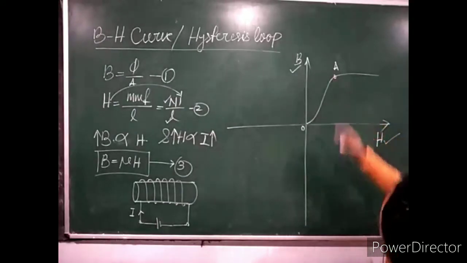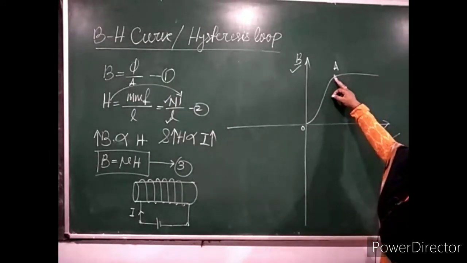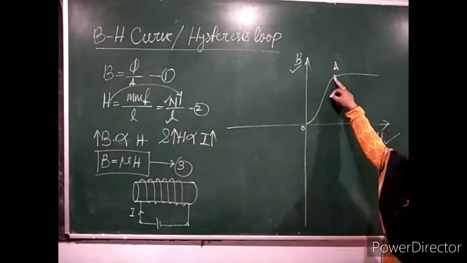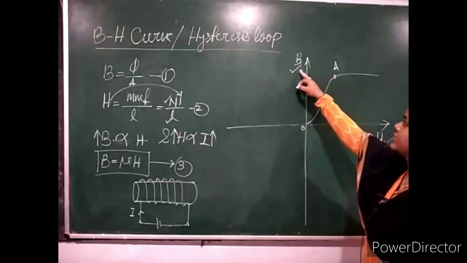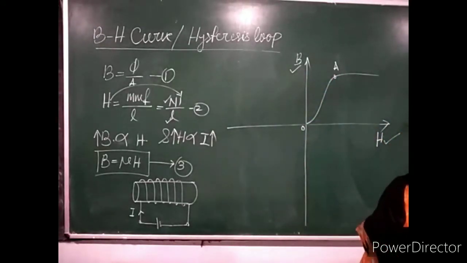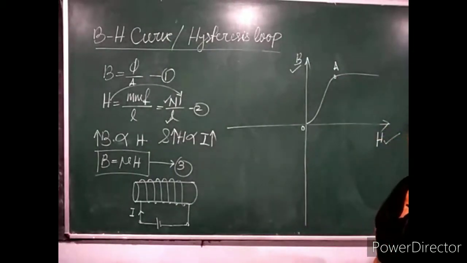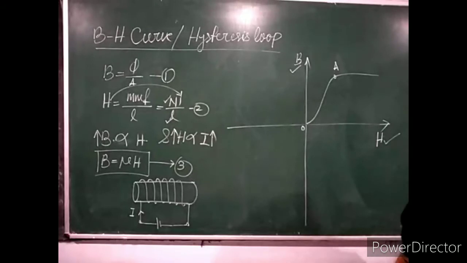After that, it increases rapidly. And up to a point, even though you increase flux intensity, the flux density of the magnetic material does not increase and it gets saturated.